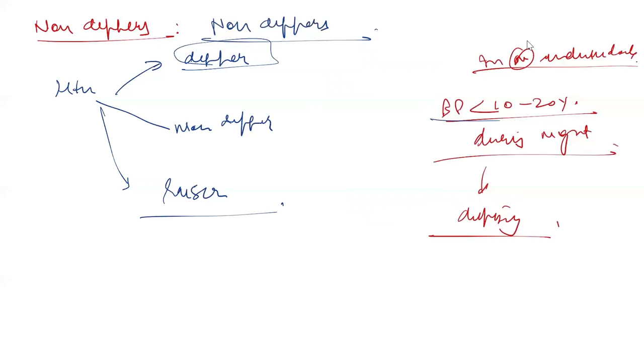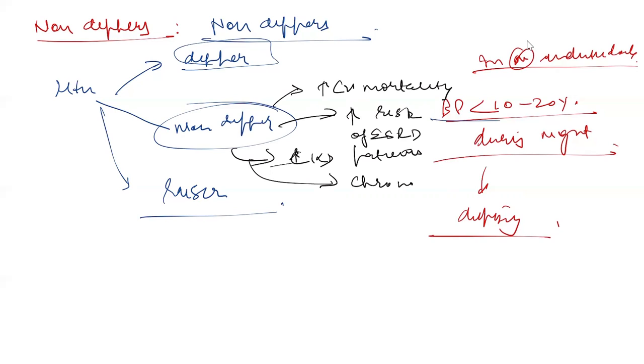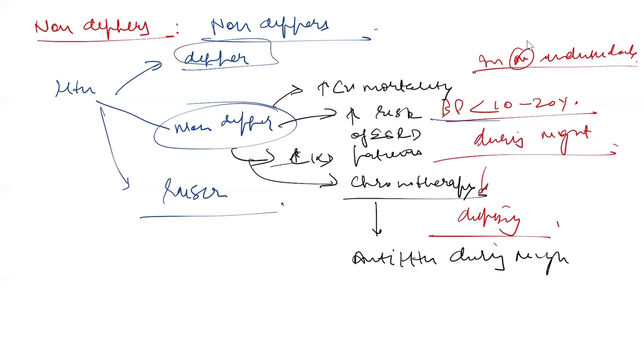Since there is no dipping during night, it is associated with increased cardiovascular mortality, increased risk of end-stage renal disease, and this non-dipping is quite common in CKD patients. What we do here is chronotherapy. That is, we prefer to give antihypertensives during night, which would decrease the incidence of non-dipping.